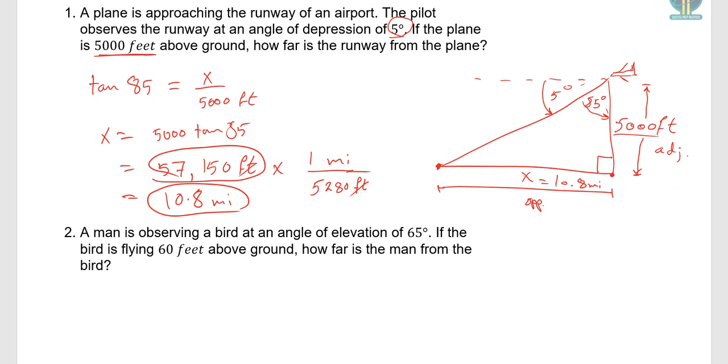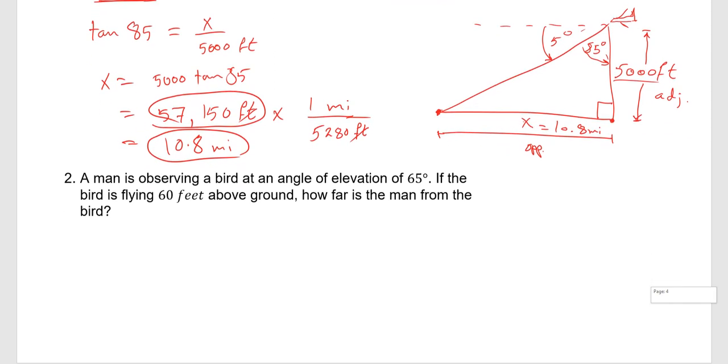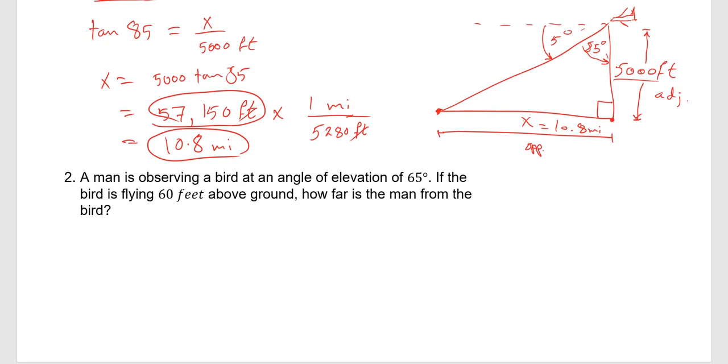Next exercise. A man is observing a bird at an angle of elevation of 65 degrees. So again, draw a picture. Man, bird.